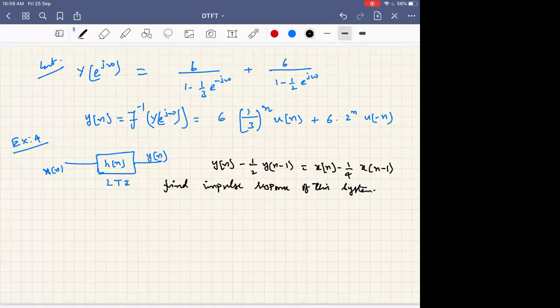Can one of you tell how do I find the impulse response of the system? I request any of the students who have not spoken today to tell me.